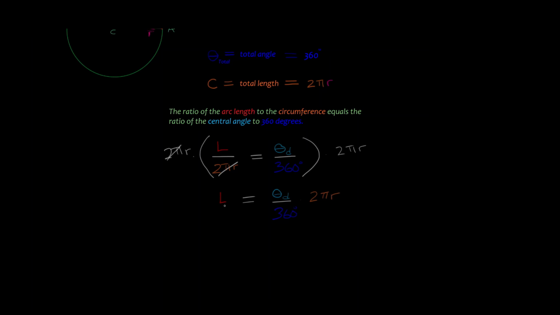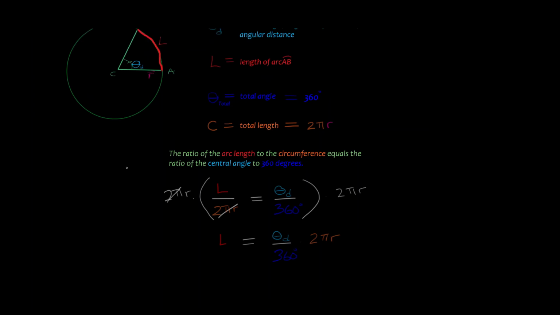So what this is saying essentially is just that the arc length is equal to the circumference multiplied by this small portion, right? And that should hopefully make intuitive sense because the arc length is the circumference multiplied by the fraction of the total angle that the central angle occupies.